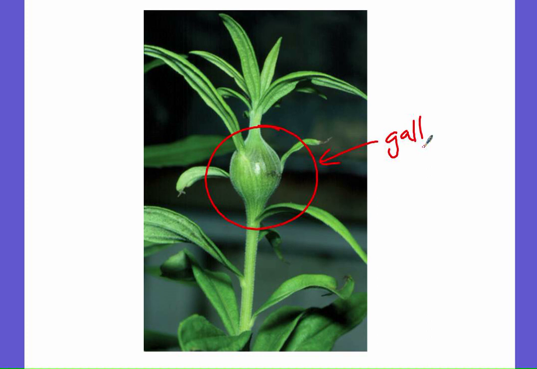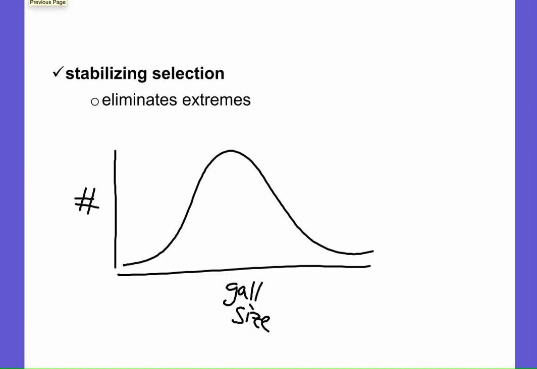So that gall is that blown up portion of the stem of that plant, and that ball there that you see, that gall, could be really large or it could be really small, right? So sometimes those flies lay eggs and you have a very small gall size, which would be on this end of the continuum. Sometimes you have very large galls. And it matters whether they're big or small.